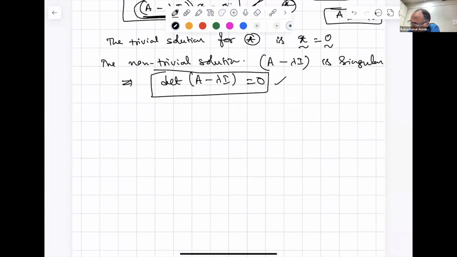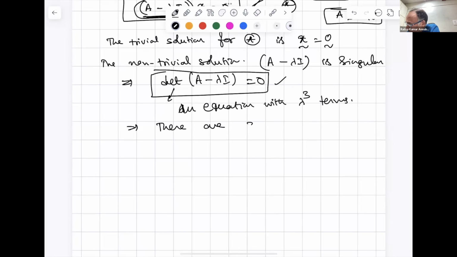Now, determinant of A minus lambda I, if it is a 3 by 3 matrix, then lambda cube terms will come. This will be an equation with lambda cube terms, which implies there are 3 roots to the equation.